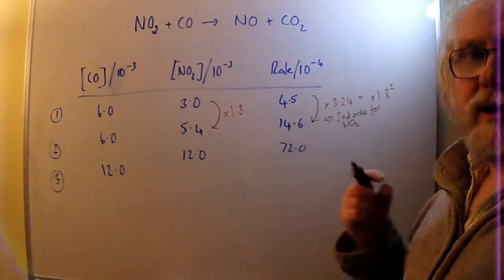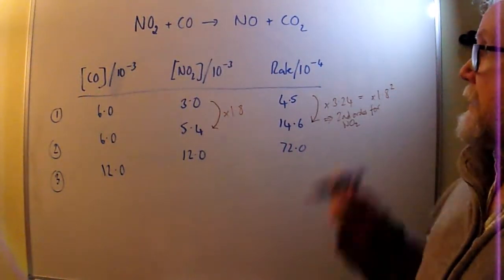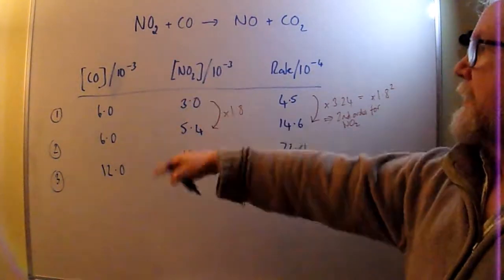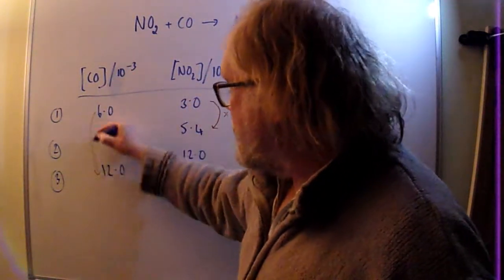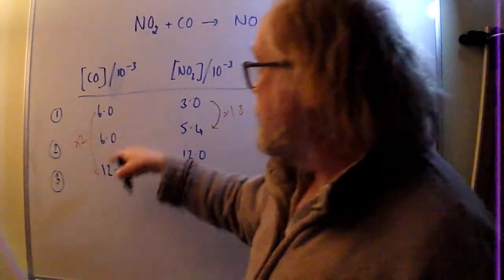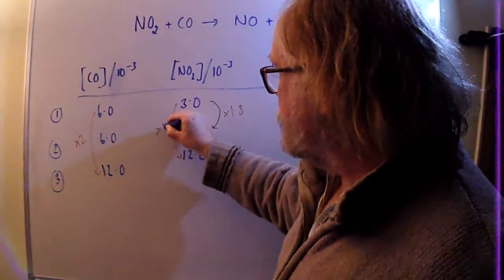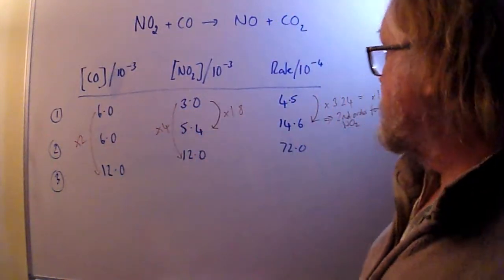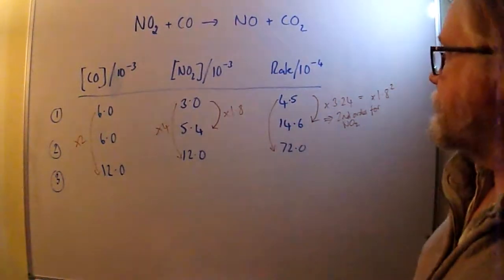But we can deal with that because we already know what the order of reaction is for NO2. So the easiest ones to compare are 1 and 3, but you could do it with 2 and 3 if you wanted. But if we look at that, that was doubled, okay, from 6 to 12. This went up ×4, from 3 to 12. And then we just look at what happened to the rate.